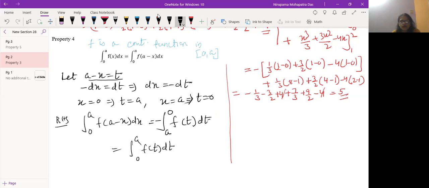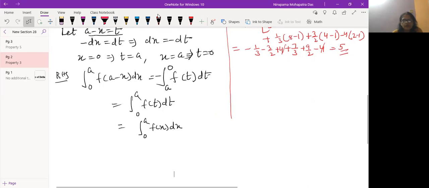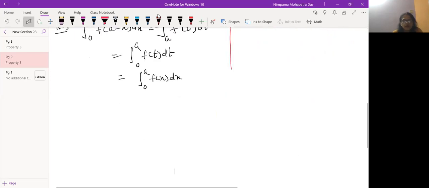So we have interchanged a, 0 to 0, a. The sign of the integral is changed. Now this can also be written as integral 0 to a f(x) dx. It is because a definite integral is independent of the variable of integration. So this property will be used in almost 90% cases of your question.